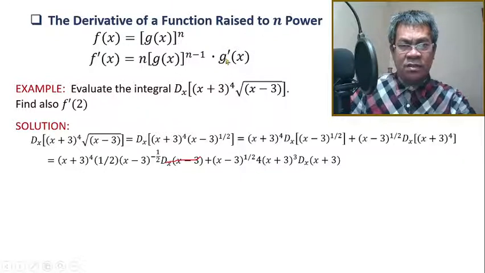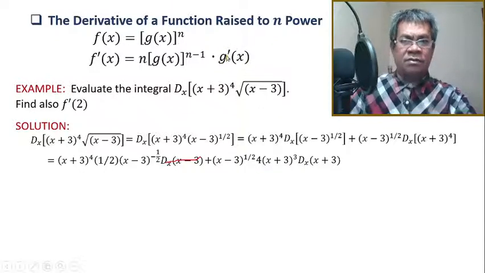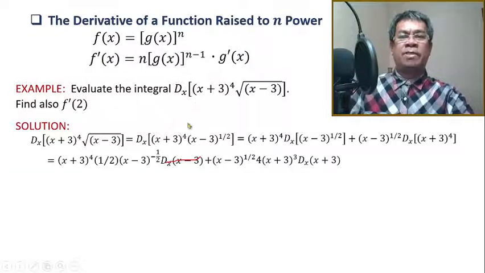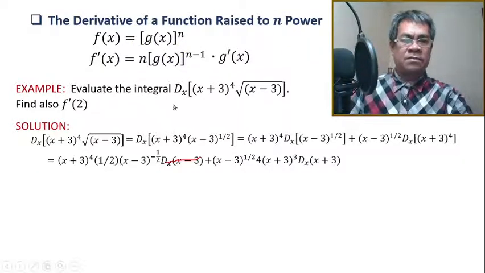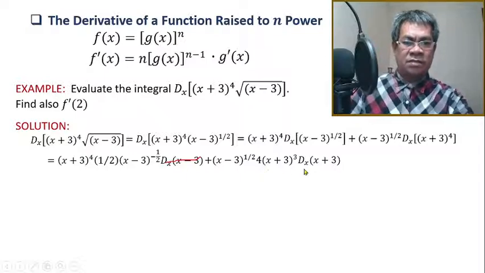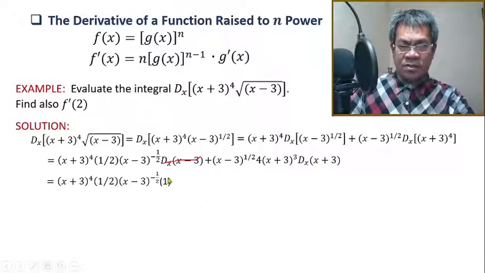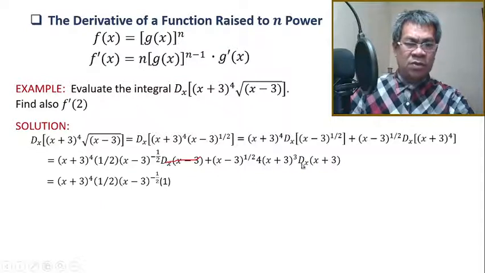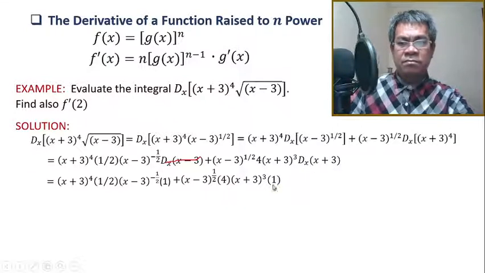So take this one. You have to be careful of your solution. You have to follow everything so that you will arrive at the correct answer. So, by the way, this is included. So this is 1 and this is also 1. This is 1, the derivative of x minus 3. And this is also 1. So this is it.